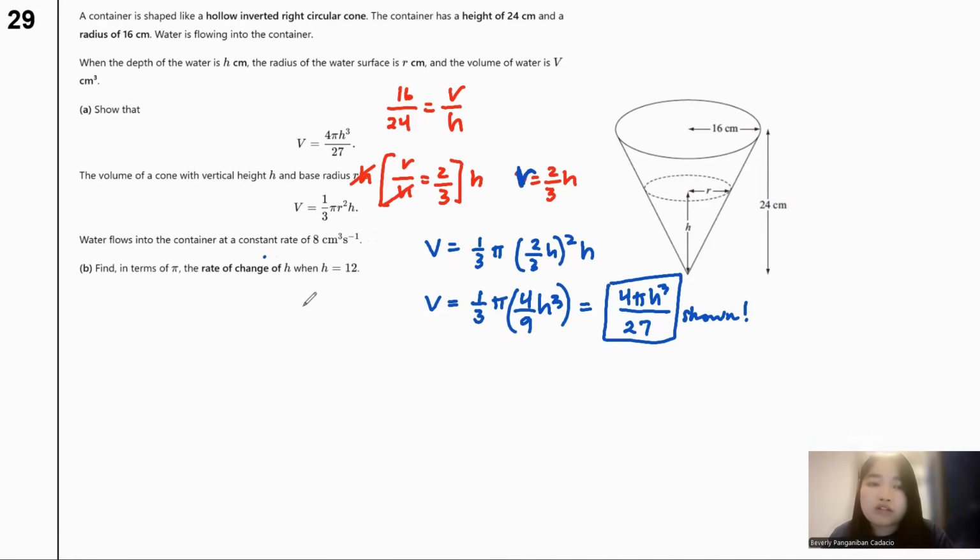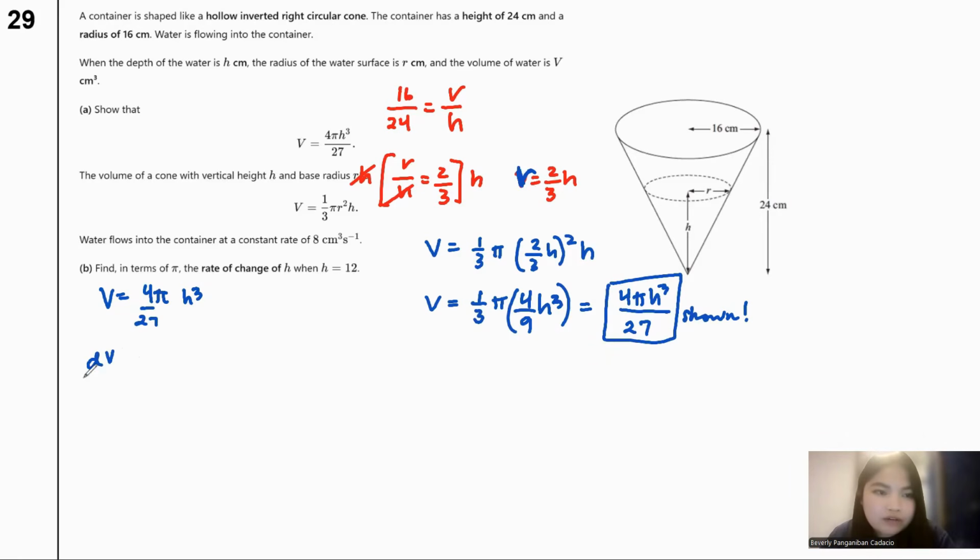So which one are you going to derive? You're going to derive that 4 pi H cubed over 27 because you want to get the rate of change in the container. So let me just copy first. You can separate them so that you can visualize H cubed there, and I'm going to differentiate them in terms of dt because we want to get the rate of change.